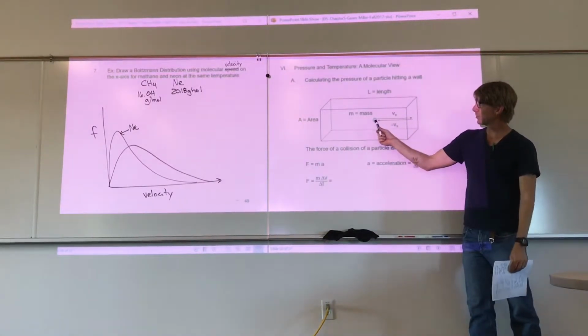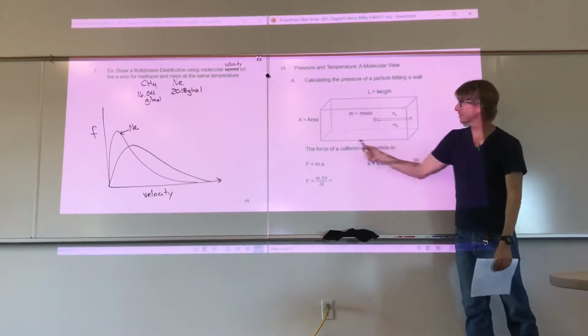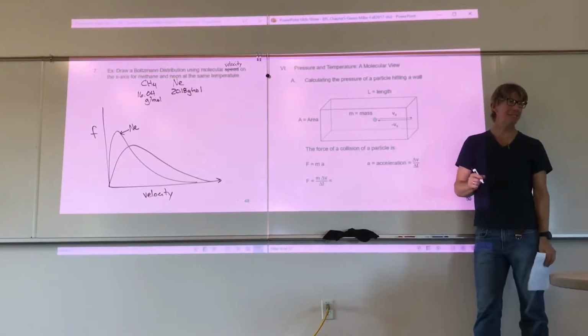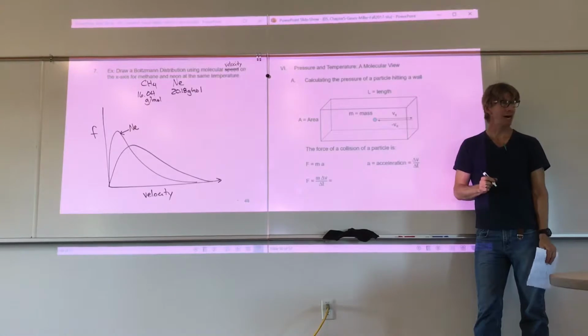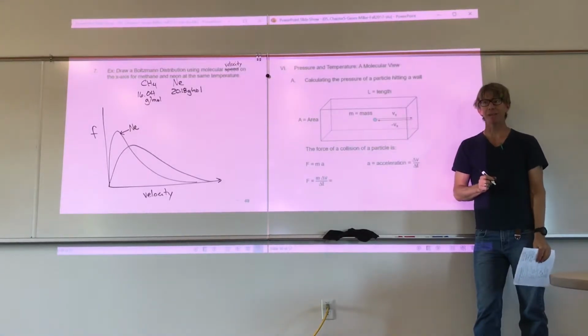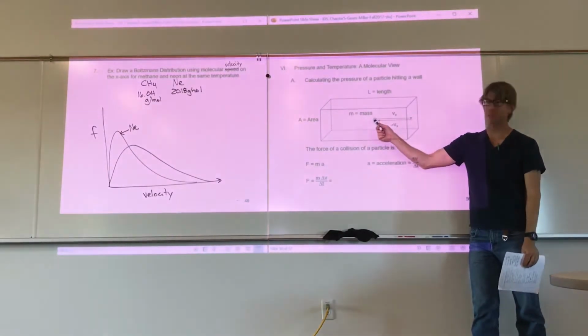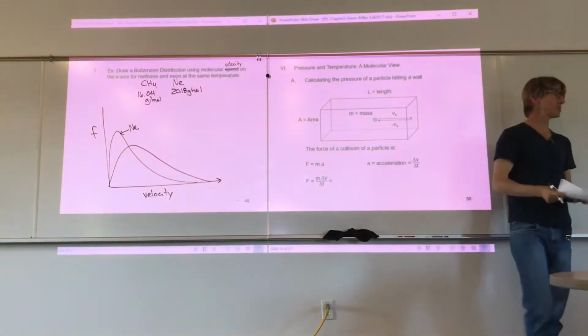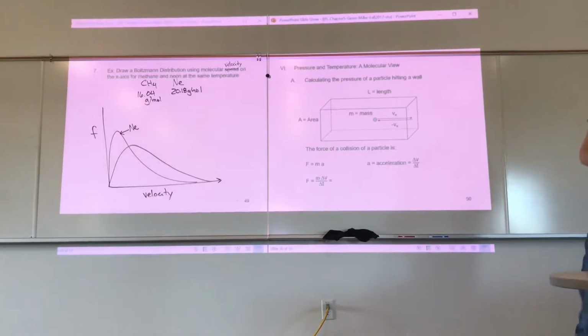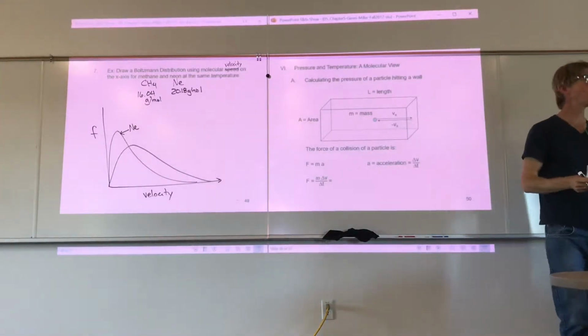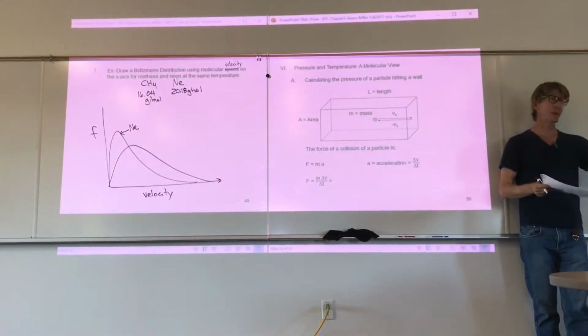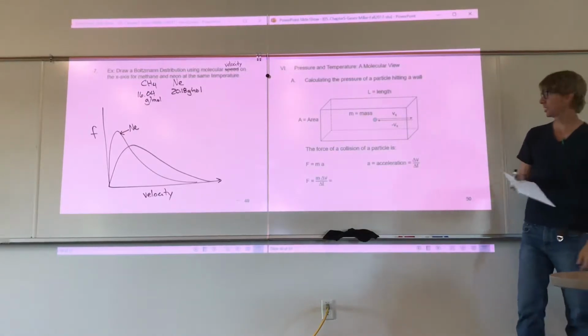It says, what if I had a particle in a box with a velocity x? Can I actually derive something like the ideal gas law just from looking at a particle in a box? You could make a couple of assumptions. One is that that particle has no volume, and another is that it has no intermolecular forces. You'd be right. Those are the kinds of things that you're assuming.